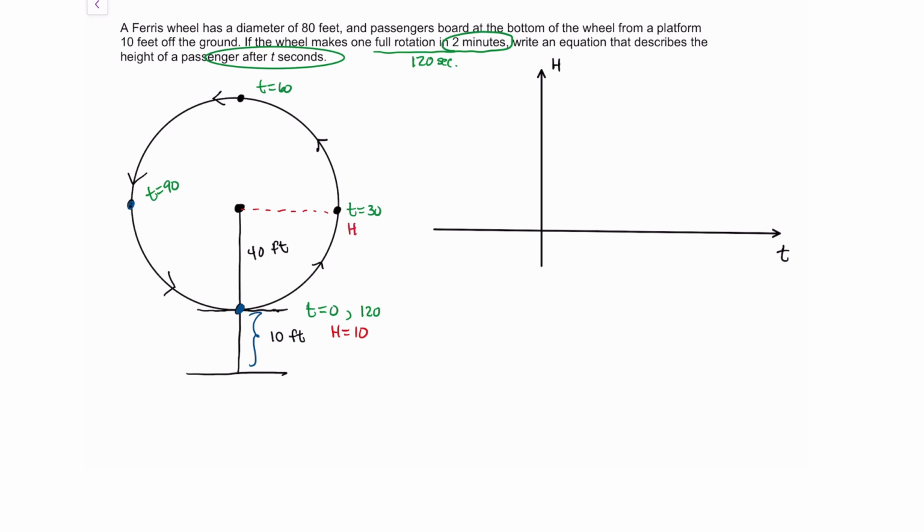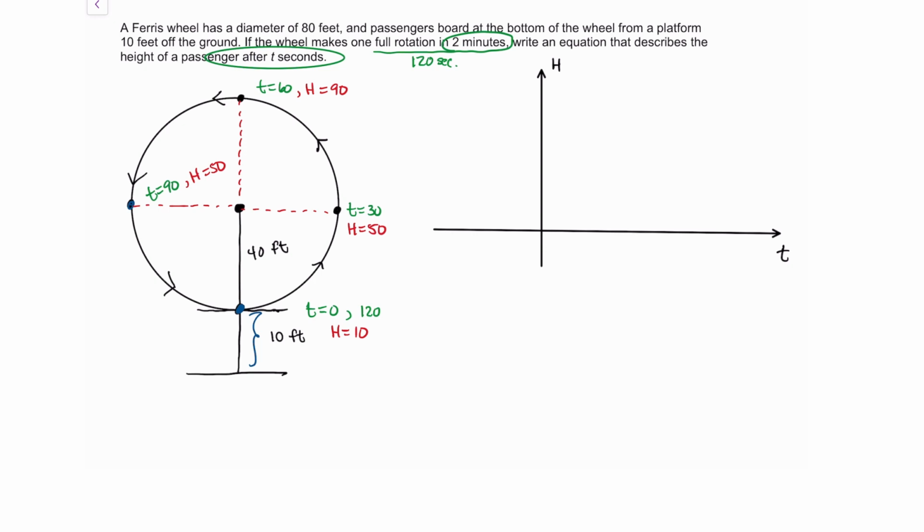That means that h is equal to 50. When we go another quarter rotation, the height increases by another 40 units. So that's 90 feet. Then we start our descent, and that means that our height is 50. And then at 120, we're down to 10 again.